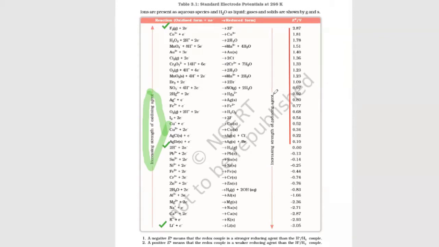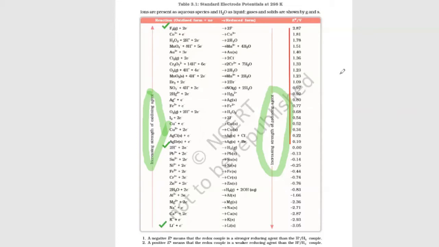And if you see here, then what is this? This is increasing strength of reducing agents. So which one is reducing? As you go downwards, the reduction goes on increasing. Understood? So from this we can get the electrode potential, the reduction potential of all the electrodes, isn't it?